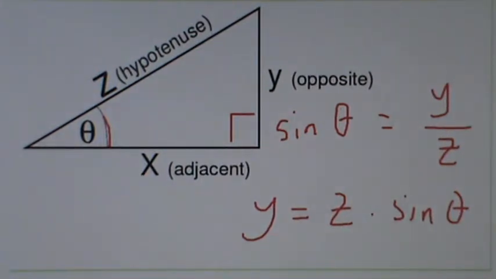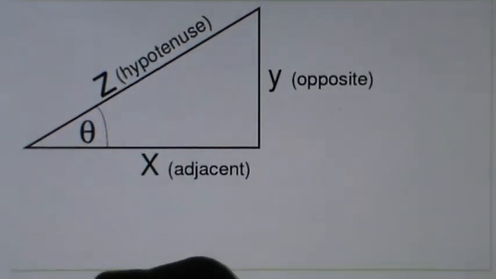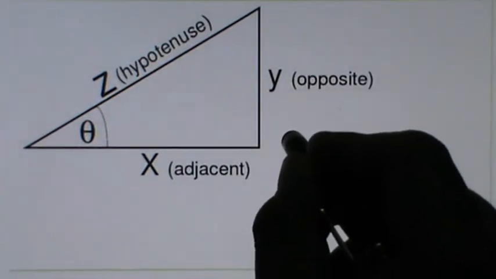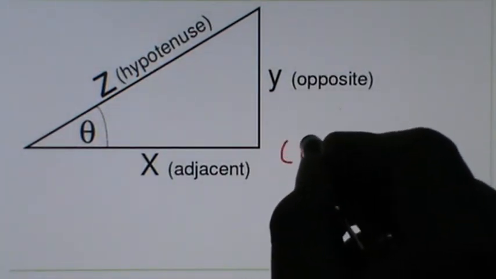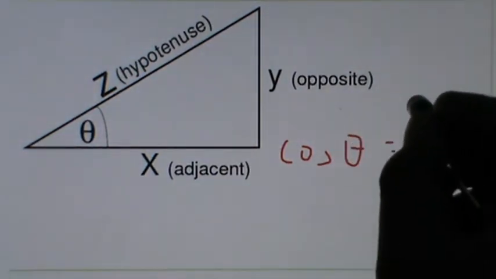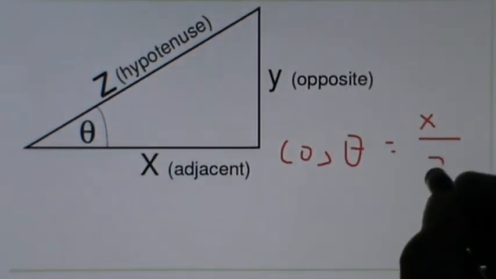Now the second side is x. We can also write that cosine theta here is equal to x divided by z.